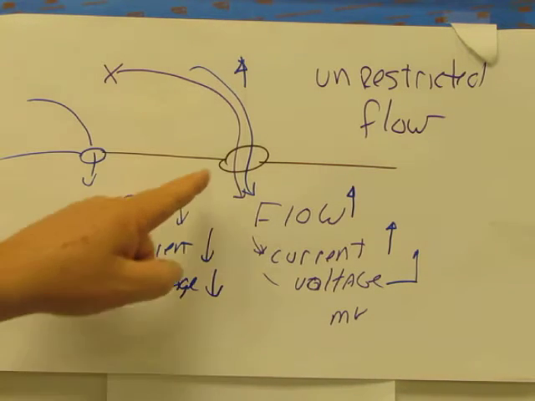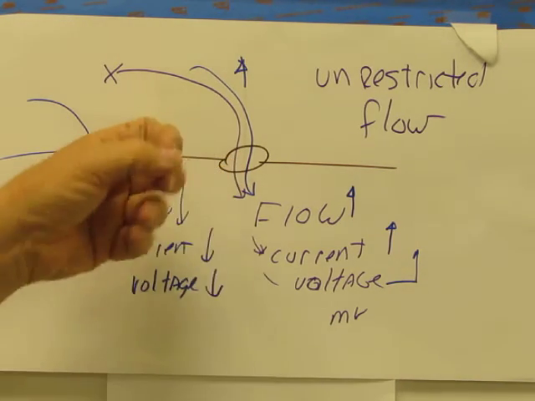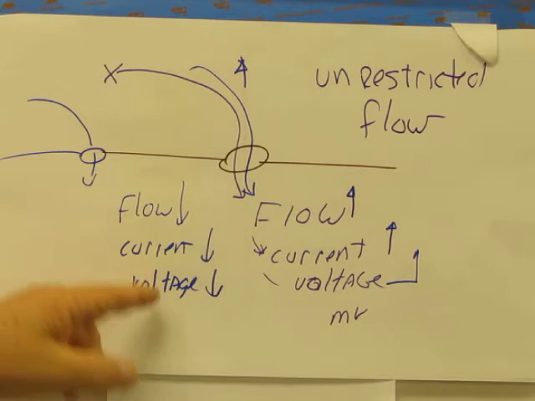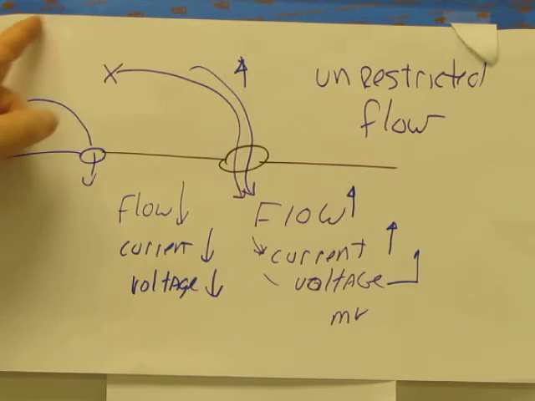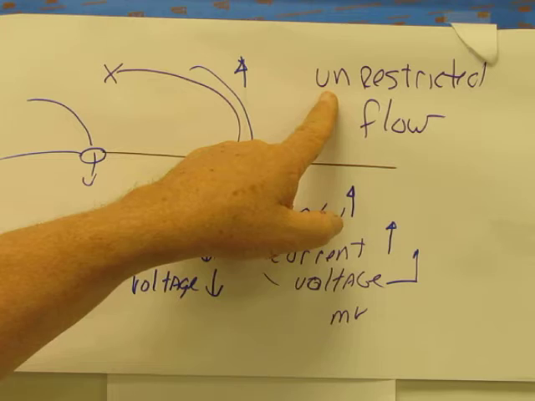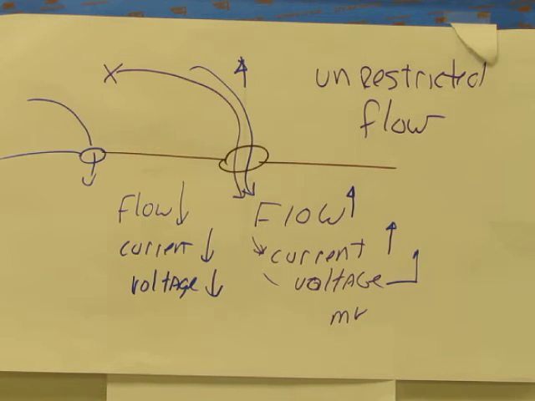If you start restricting the flow by making this hole smaller, for example, this gate smaller, the voltage will decrease. So the faster the flow, the more the voltage; the slower the flow, the less the voltage. And to have maximum flow, you have to have unrestricted flow to get the maximum voltage.